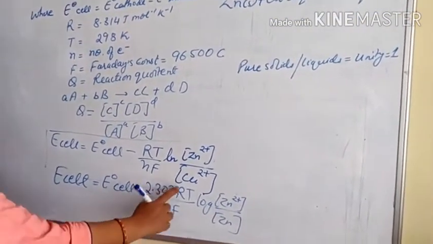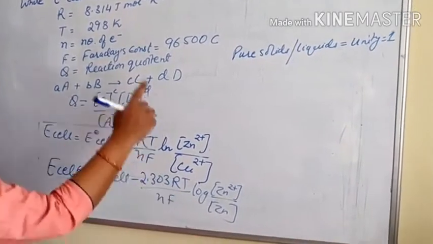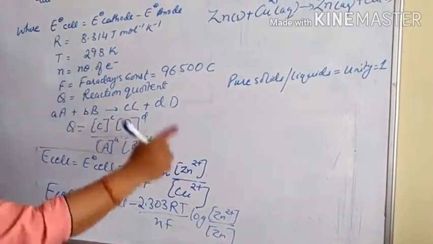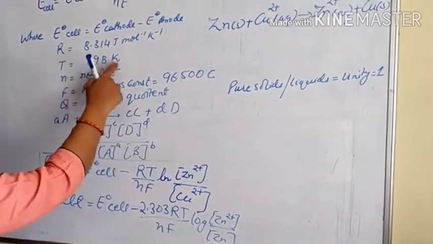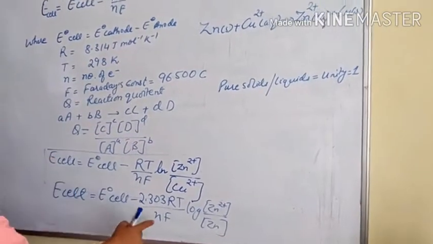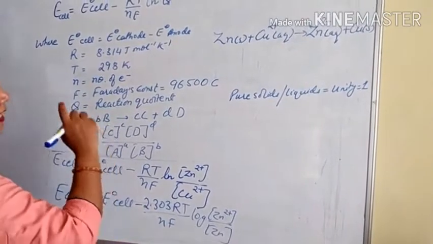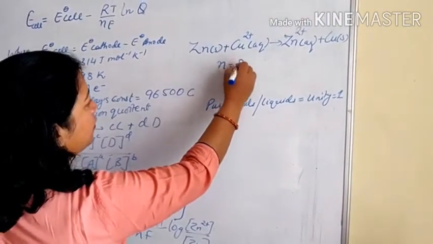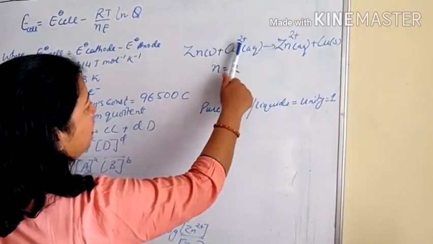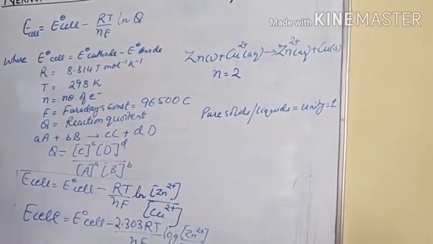Now putting all the values in this equation. R is a constant, its value is 8.314. T is again a constant, its value is 298 Kelvin. N is different for different reactions, but in this case N will be equal to 2 because the number of electrons involved is 2.